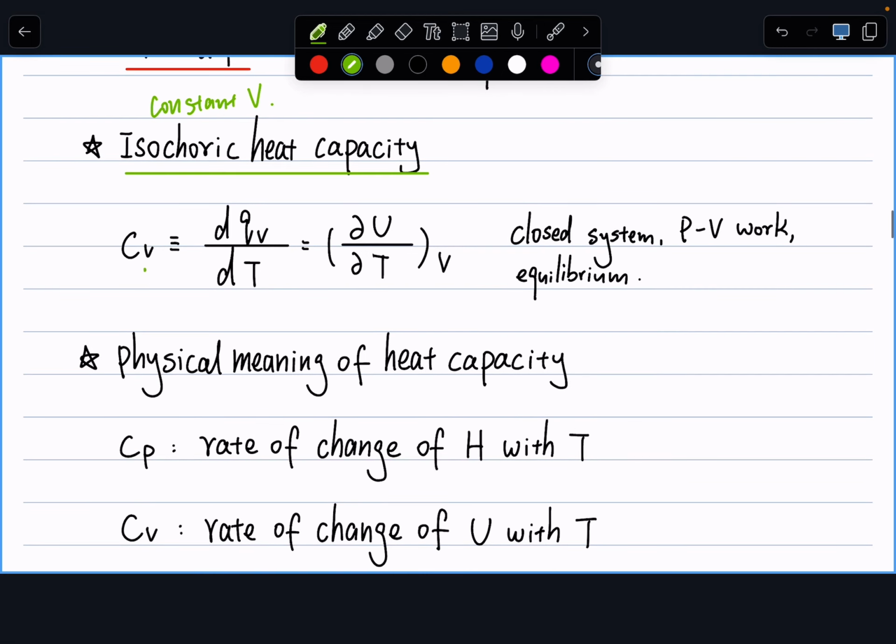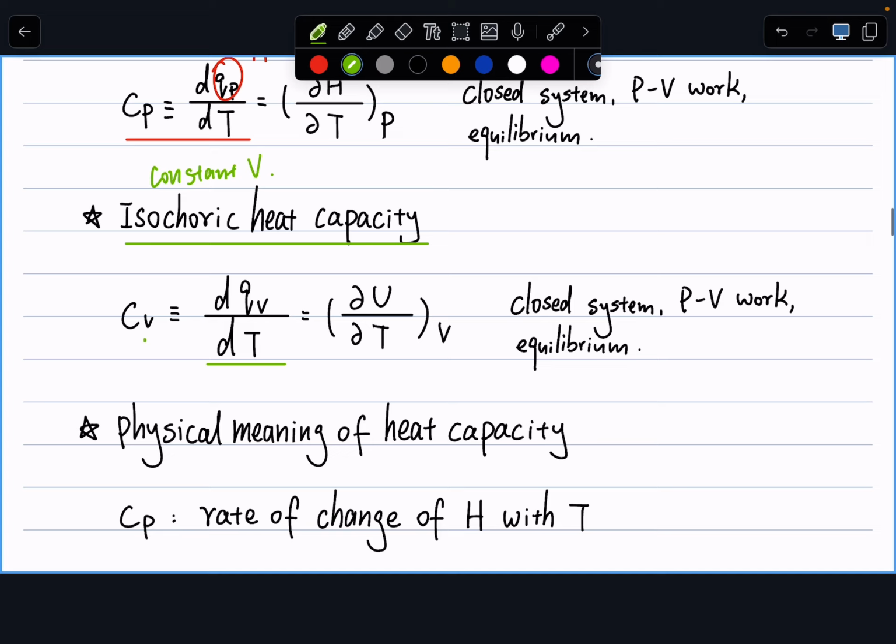In this case, CV equals the infinitesimal change dQV over dT. And what exactly is this dQV? I already gave you the answer, but we'll do a very quick derivation. In the setup here, we're saying it's a closed system, PV work only, and equilibrium. There are several things we can use. I'm going to leave out the at rest and no external field from now on, just for this class.